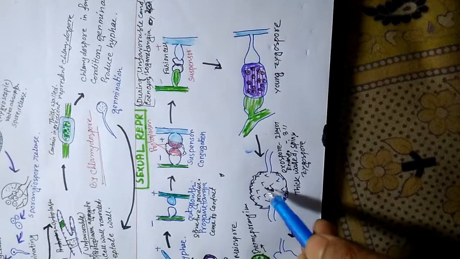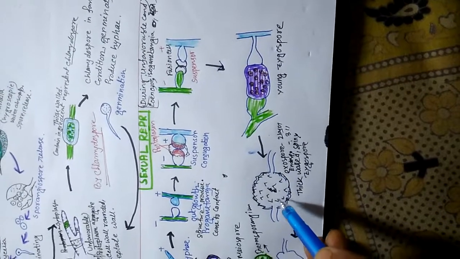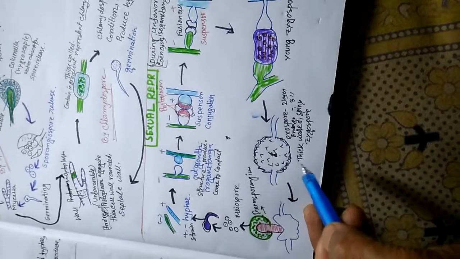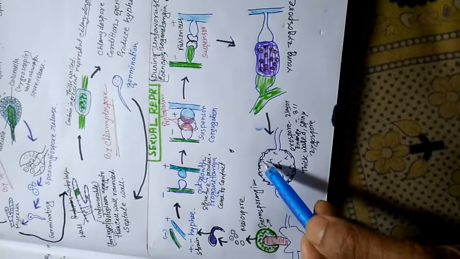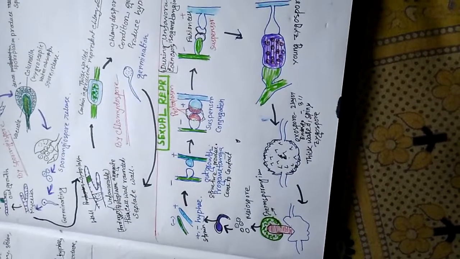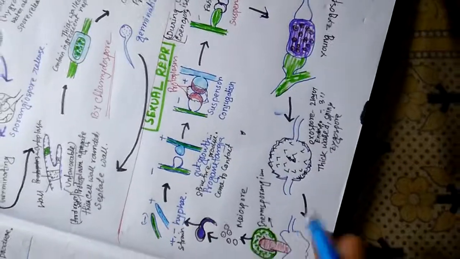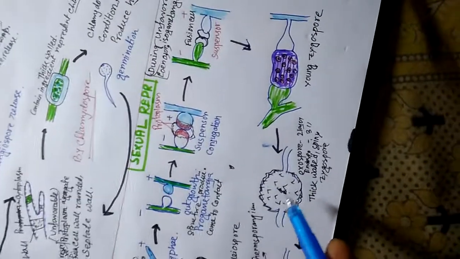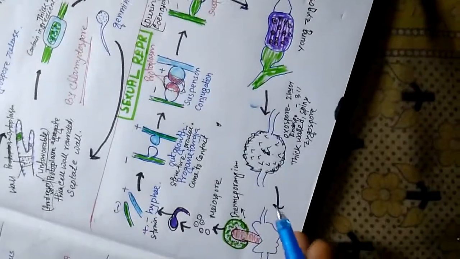Next, two layers are found in the wall of the spore, exospore and endospore. The exospore is two layered and the endospore is three layered.